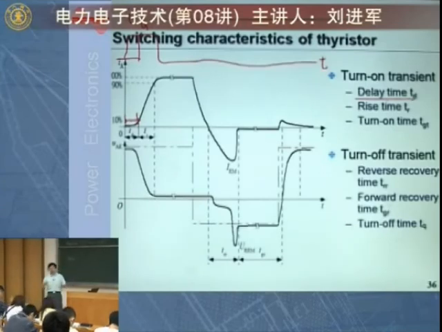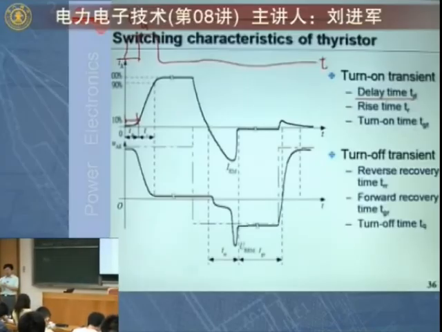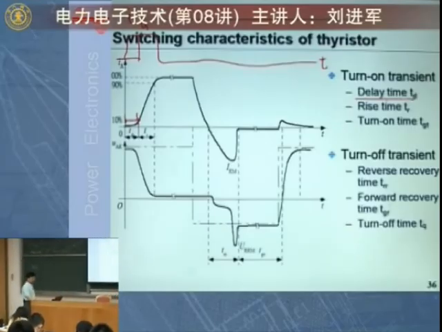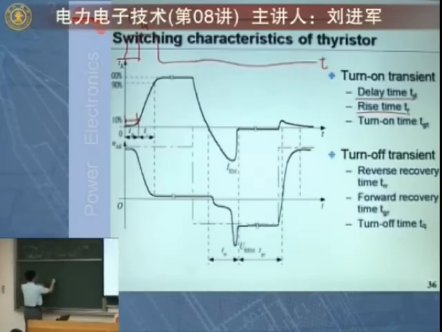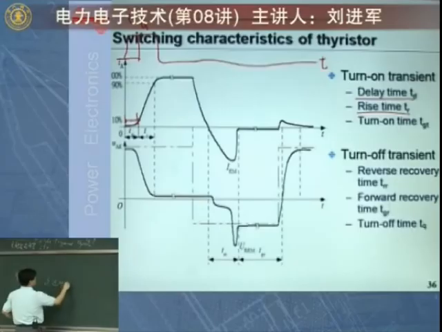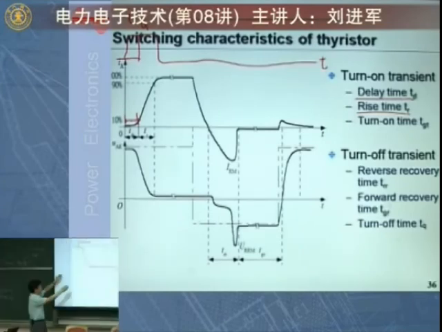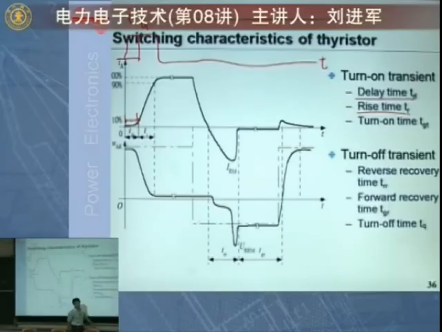And then, after this delay time, the time for the current flowing through the thyristor to increase from a certain level up to a certain level is called the current rise time, Tr. Delay time, rise time. And the summation of Td plus Tr is called the turn on time.